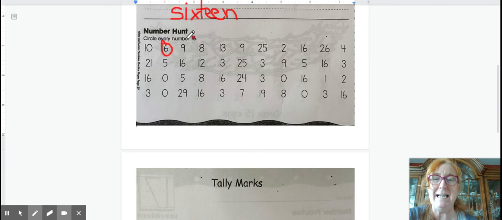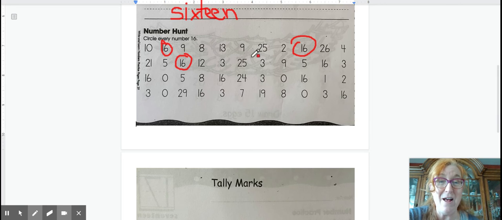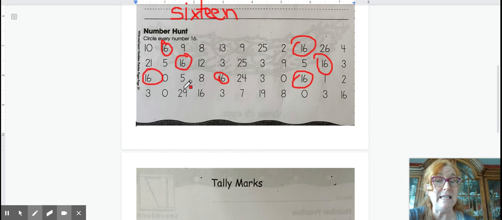Right off the bat, we found one. 9, 8, 13. 9, 25, 2. 16. 26, 4. 21, 5, 16. 12, 3, 25. 3, 9, 5. 16. 3, 16. 0, 5, 8. 16. 24, 3, 0. 16. 1, 2. 3, 0, 29. 16. 3, 7, 19. 8, 0, 3, 16.